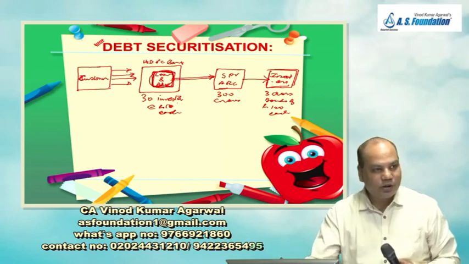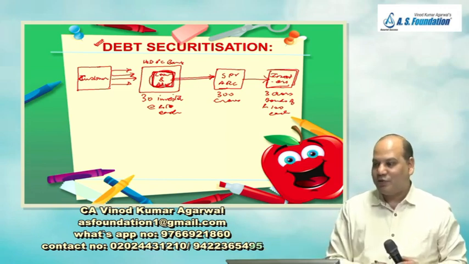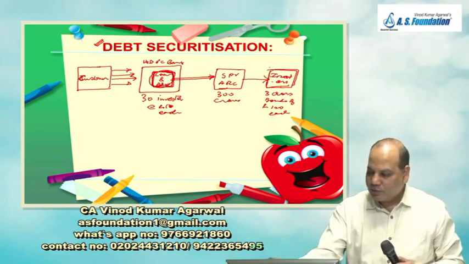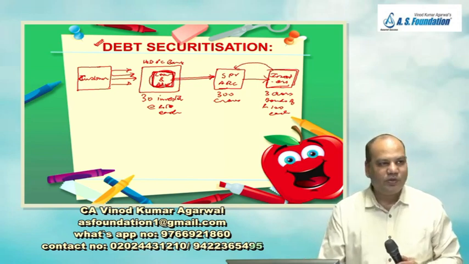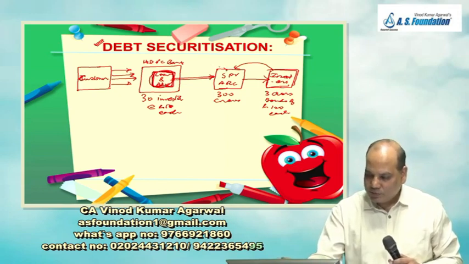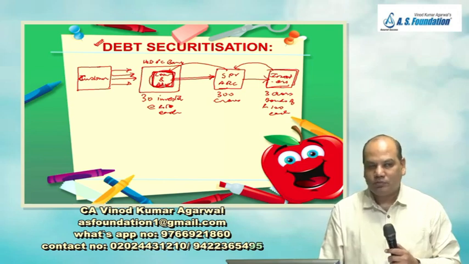And that becomes 300 crore. The SPV issues 3 crore debentures of rupees 100 each. So investors will invest in that bond or debenture issued by SPV. SPV will raise funds and transfer it to HDFC.